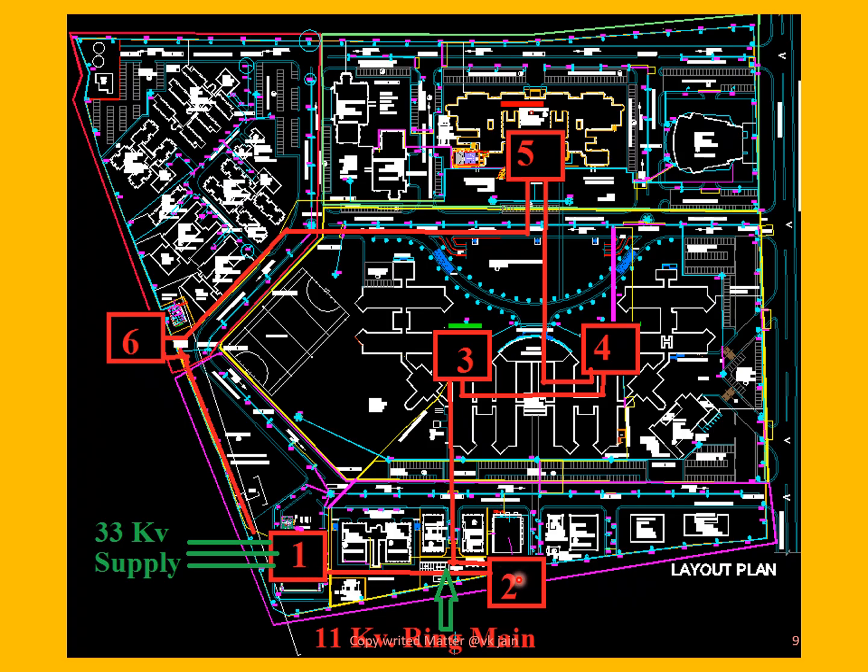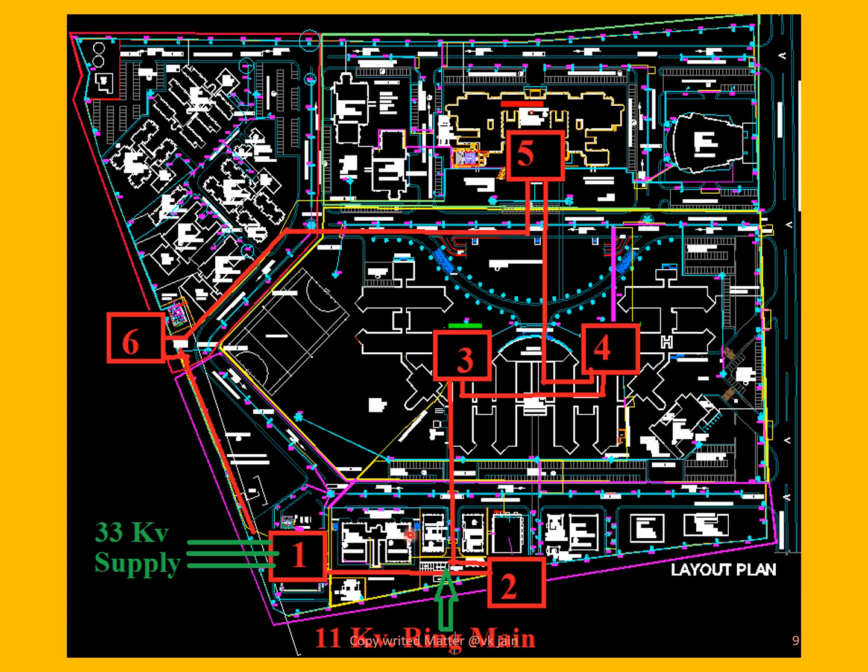We established so many substations in the campus, substation number 2, 3, 4, 5, and 6. So we took 11 kV distribution rather than LT distribution, and I brought this nearest to the utility center.